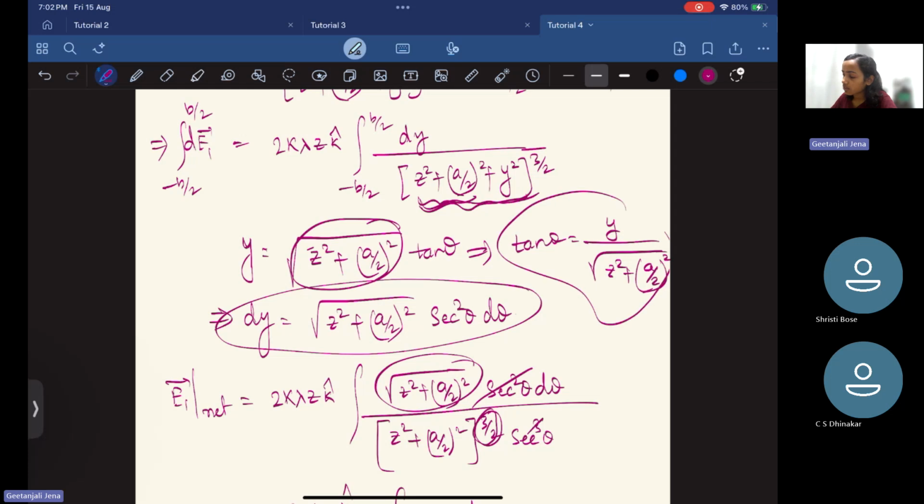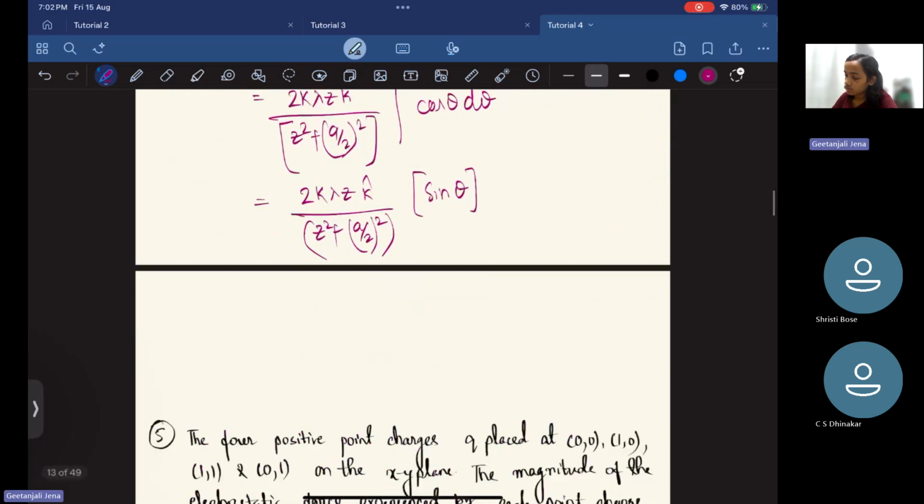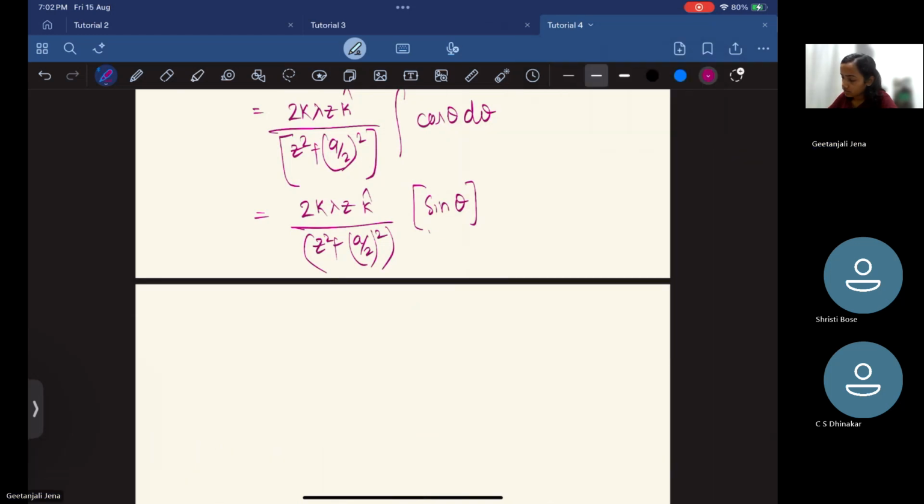So from this you can easily calculate sin theta, right? So sin theta will be y by square root of y square plus z square plus a by 2 square.